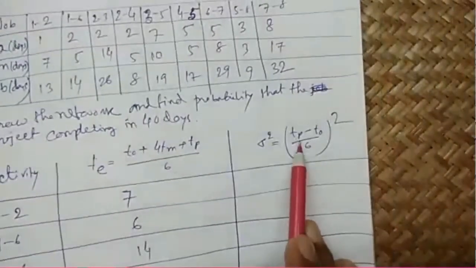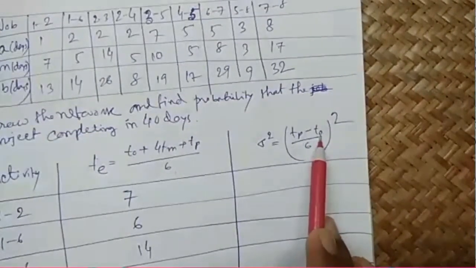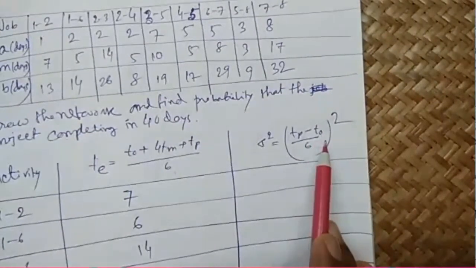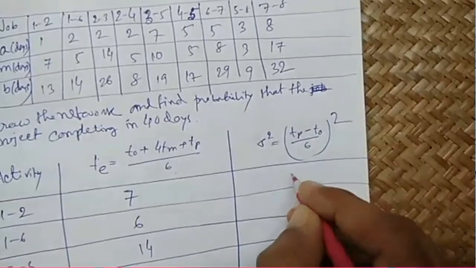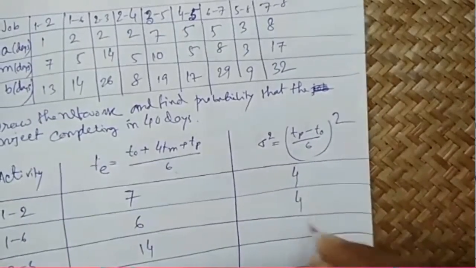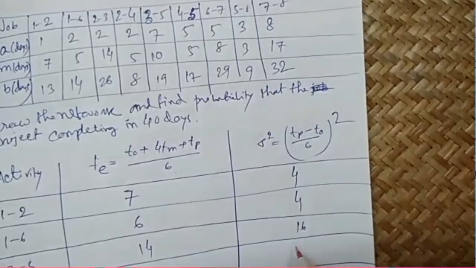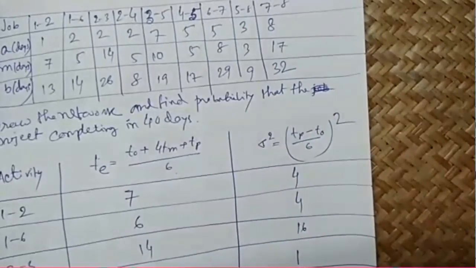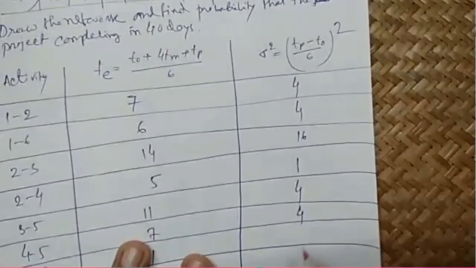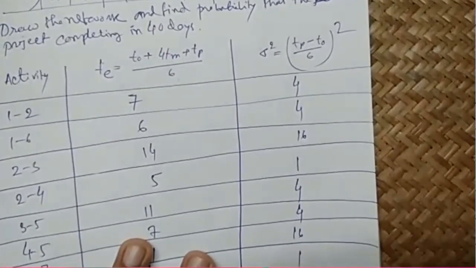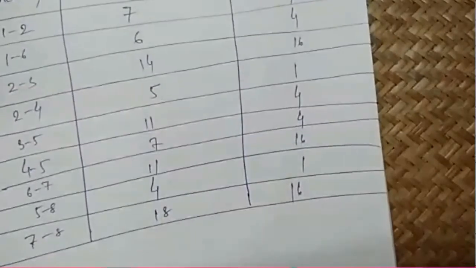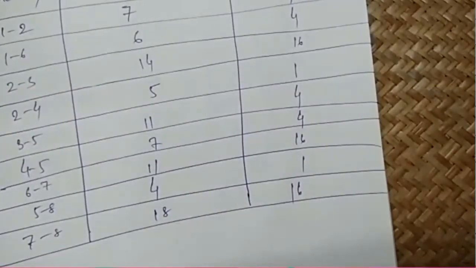Now here also, for TP and TO given for all these activities, you just put them in and you will get the answer. And the variances are 4, 4, 16, 1, 4, 4, 16, 1 and 16. You can calculate yourself. I am just putting out the values to complete it in time. This is a very easy one, simple calculation, put it in the calculator and you will get the values. The formulas are given.